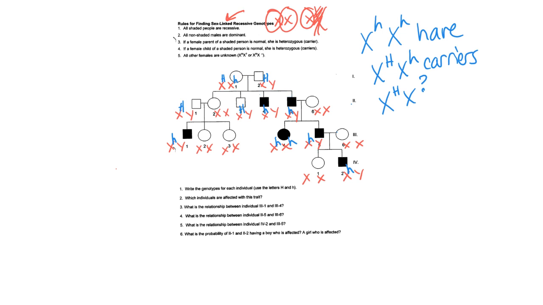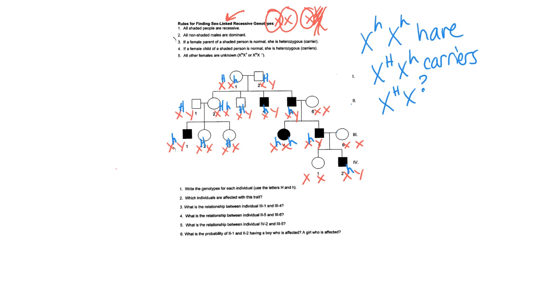Okay, so now let's look at generation 2, individual number 2. Her dad, she's dominant, we know that. She has a son that has it, so she had to have a little h to pass on to that son, right? Because he got his Y from the dad. Her daughters don't have it, so we know that they have at least one dominant.